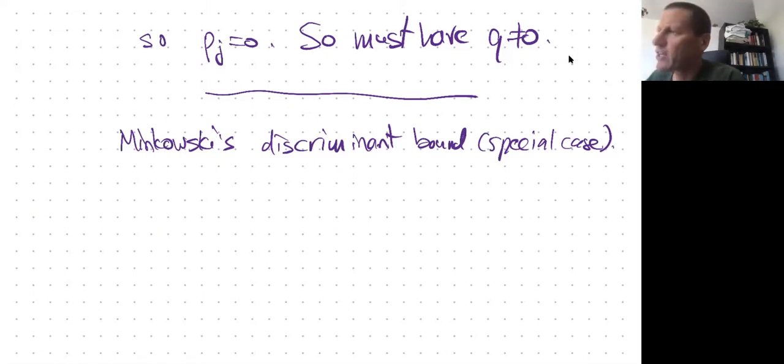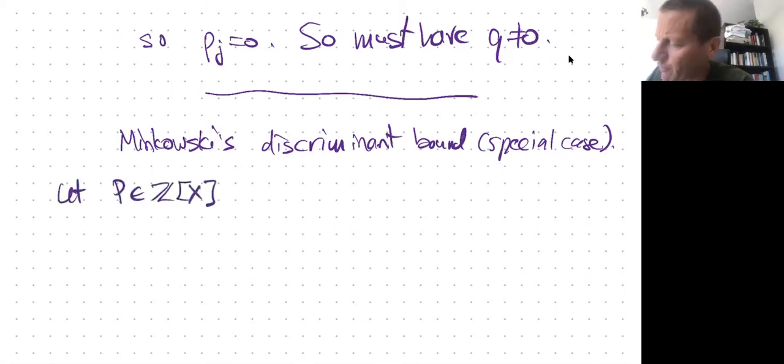So let me remind you of some things about polynomials with integer coefficients. Let P be an element of the ring of polynomials with integer coefficients.